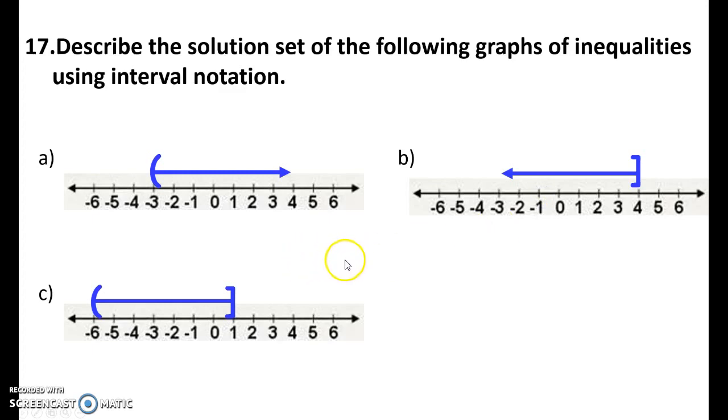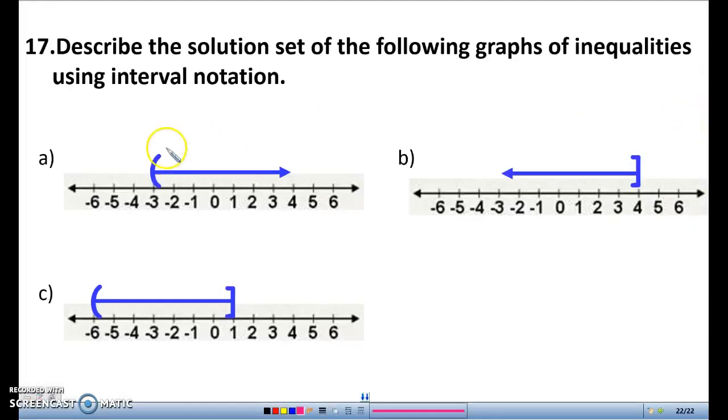Number 17 says, describe the solution set of the following graphs of inequalities using interval notation. Okay, well, when I look at this, I'm just going to write it in as a regular inequality first, and then I'll change it to interval notation. This right here says -3, and it does not include -3.